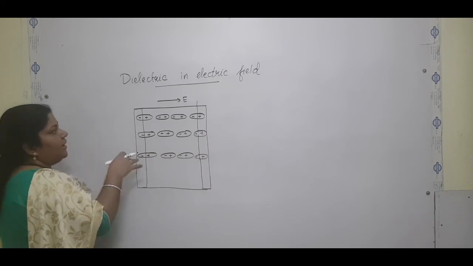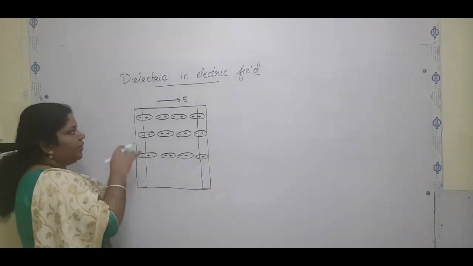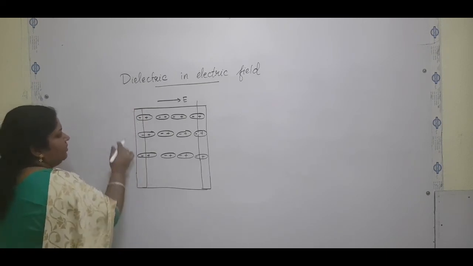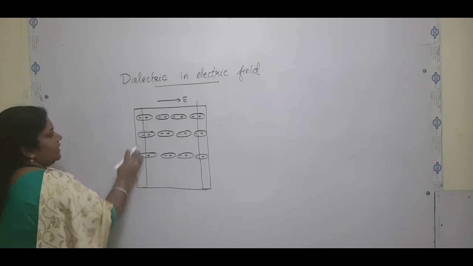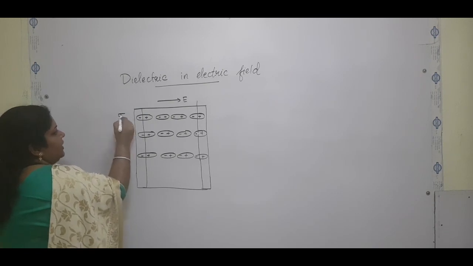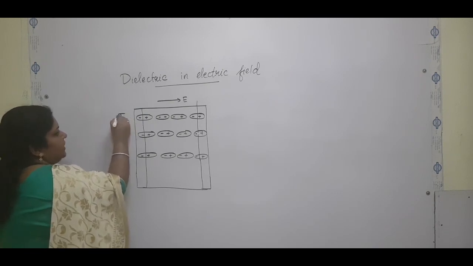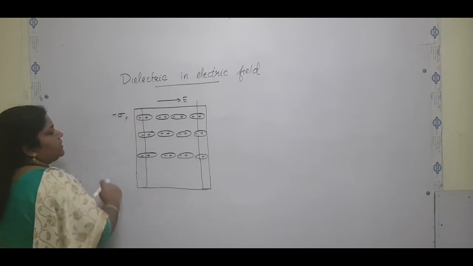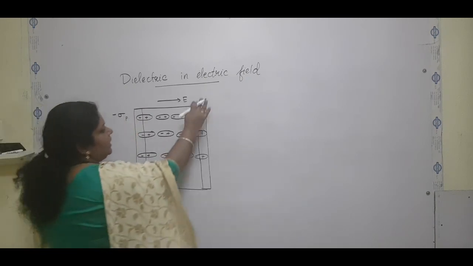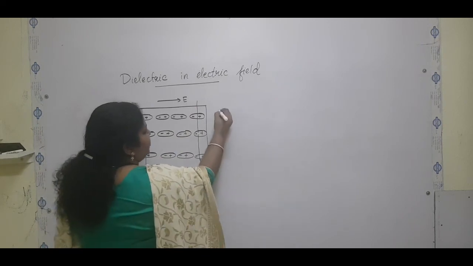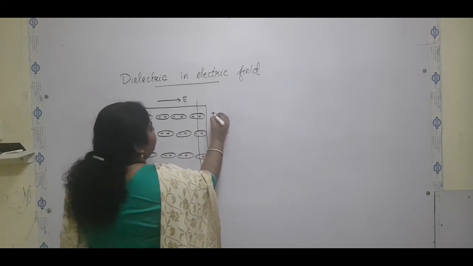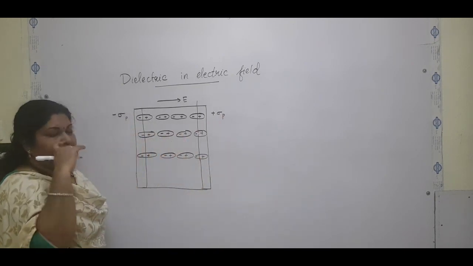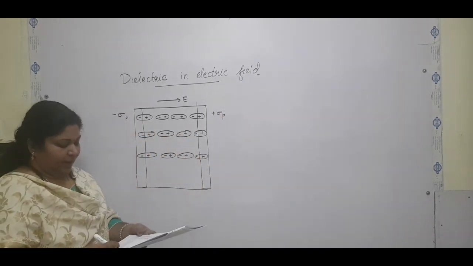So when we apply an electric field to a dielectric, this part becomes fully negative. Here a surface charge density, minus sigma p, due to polarization, is developed. Here it is fully positive, so plus sigma p is developed due to polarization when we apply an electric field to a dielectric.